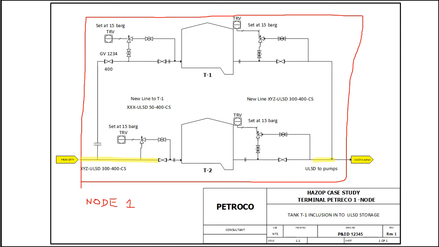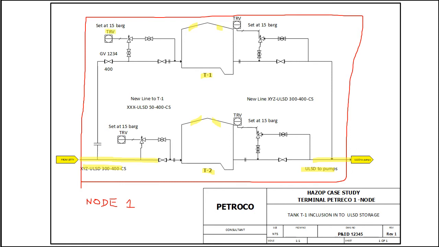They will have vents and overflow protection, etc. What we're doing in this HAZOP is the inclusion of TRVs, the thermal relief valves, and we set them at 15 bar G for argument's sake.